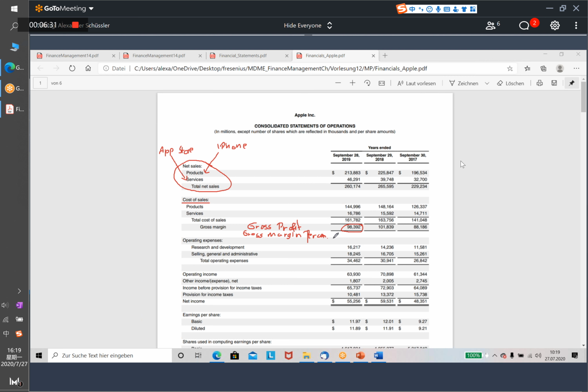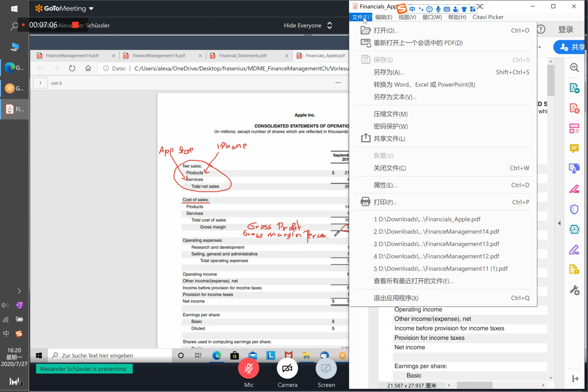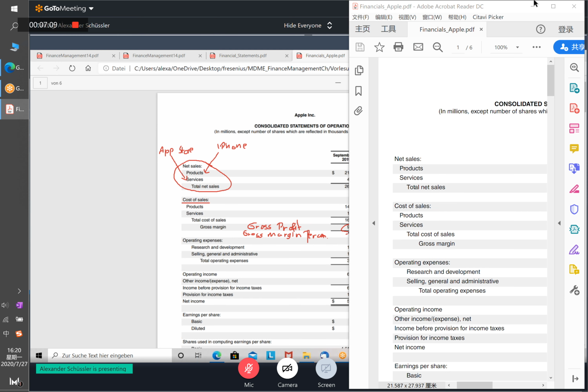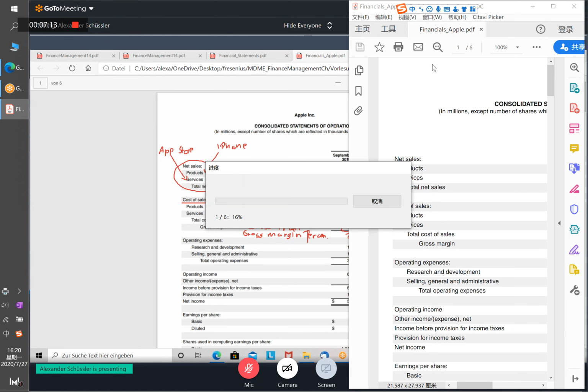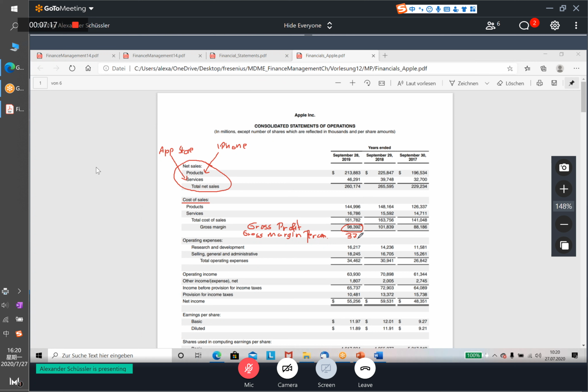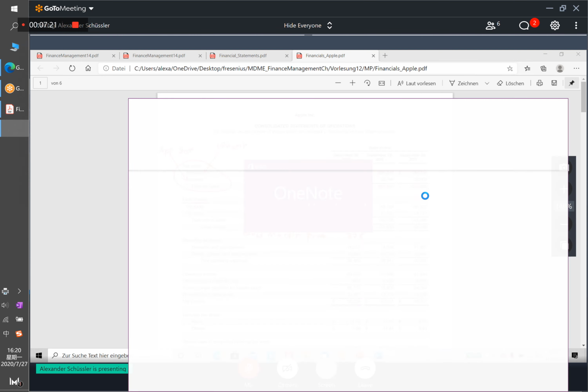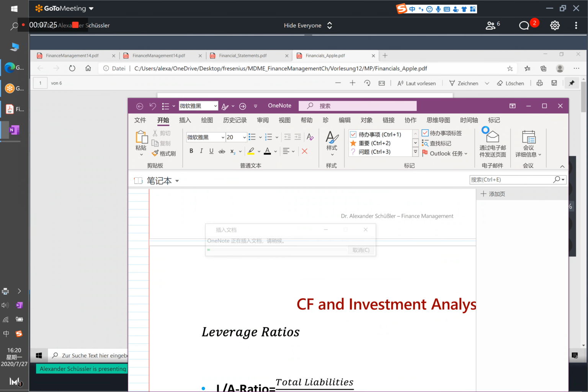So if you divide these 98,392 divided by the total sales, then you have a margin of 73.88%.